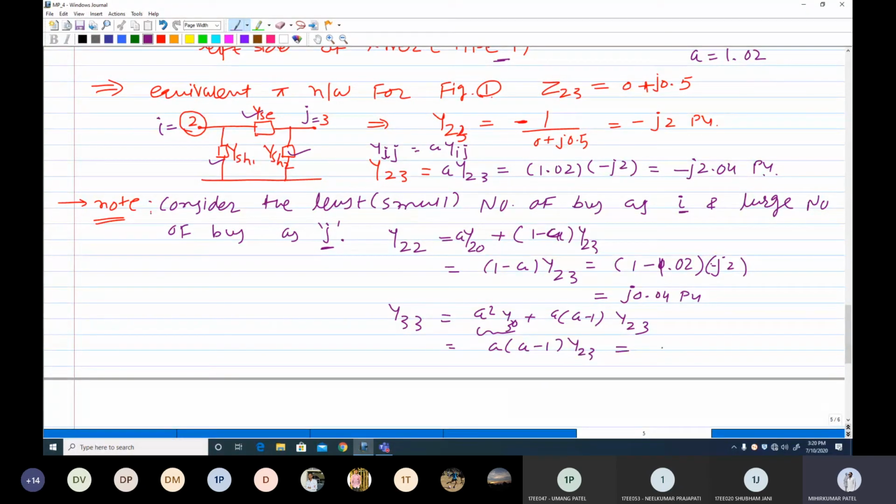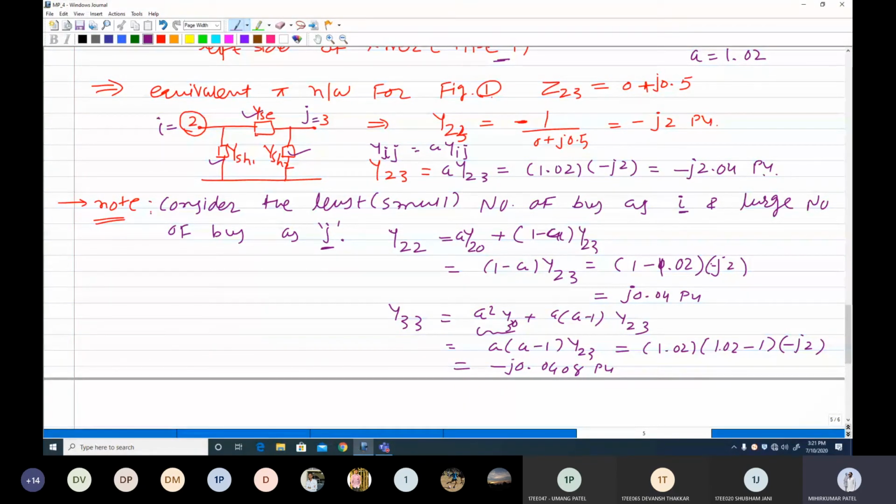So the final answer is 1.02 into bracket (1.02 minus 1) and minus j2. What is the final answer for this calculation of Y33? Minus j0.0408. Very good. Minus j0.0408, unit is per unit.